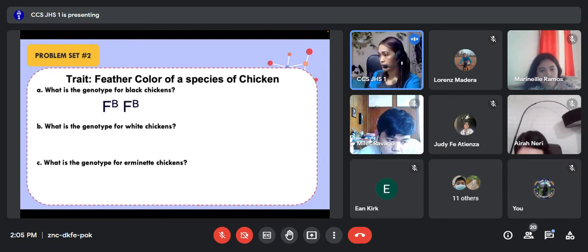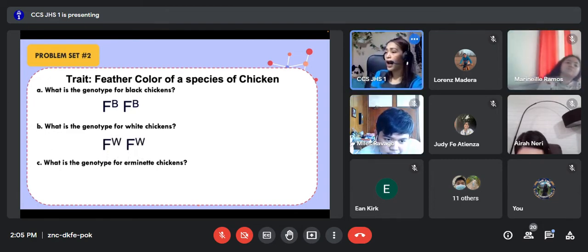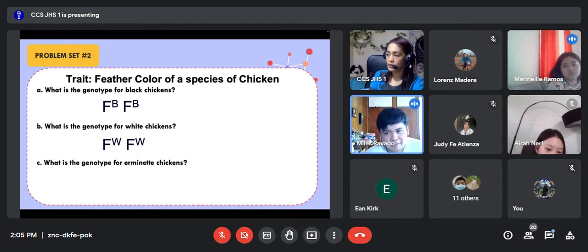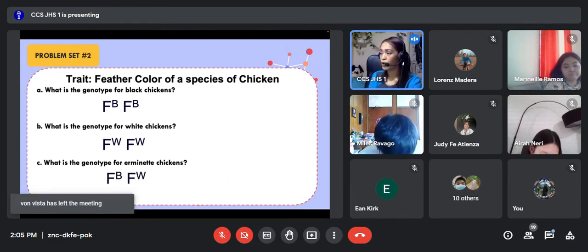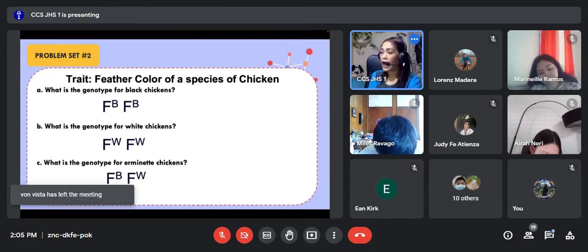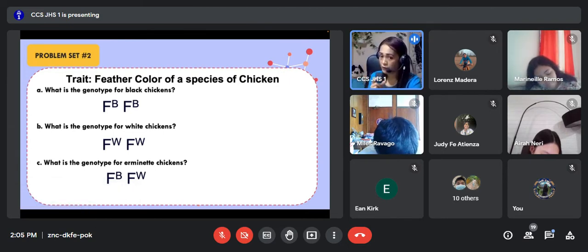Now, how about white? FW FW. How about the erminette? FB FW, so it's heterozygous. I hope it's clear how we got the base, letter F, from feather color, then B for black and W for white.